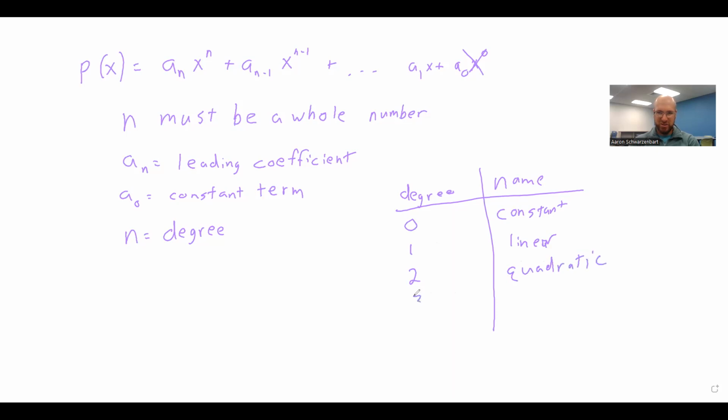Degree 3 is cubic. Degree 4 is quartic, not quadratic. Quartic is degree 4, quadratic is degree 2. Degree 5 is quintic. Degree 6 and higher, we just say 6th degree.